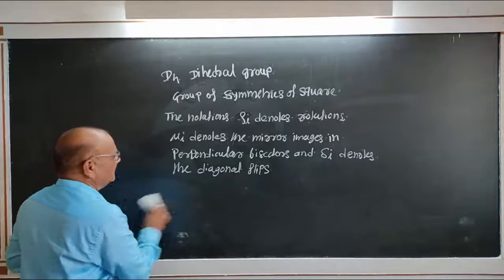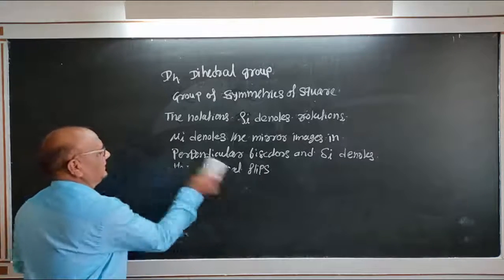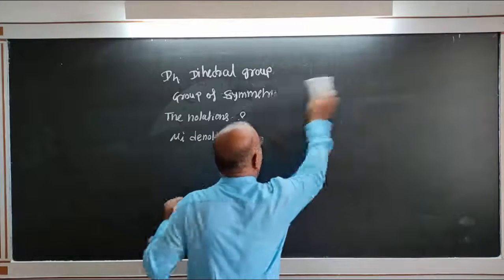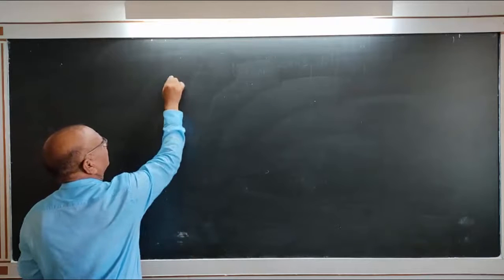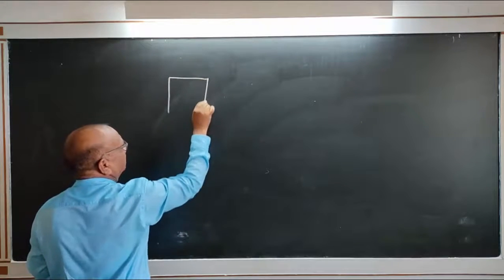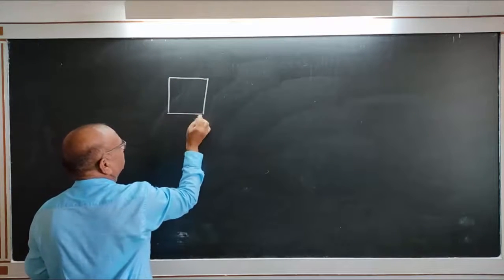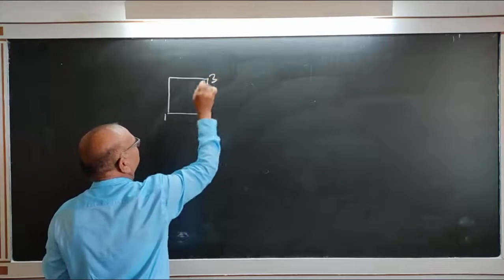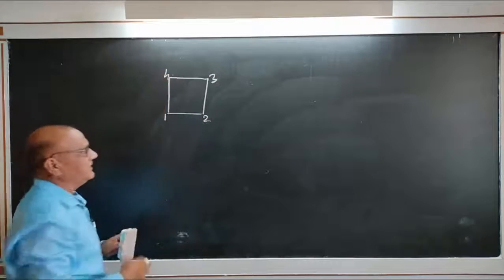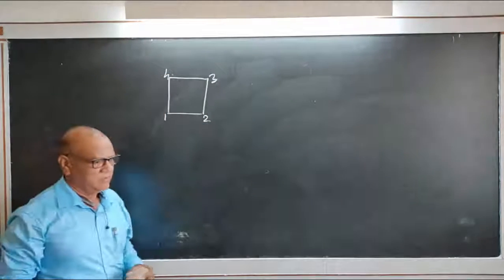Here, if you take a square, the vertices are denoted by the numbers 1, 2, 3, 4.